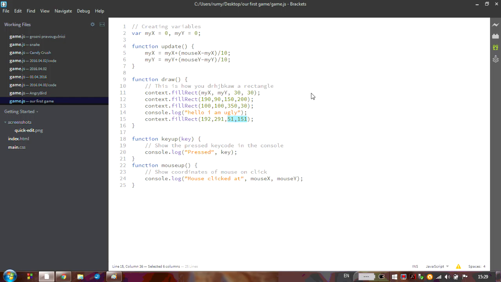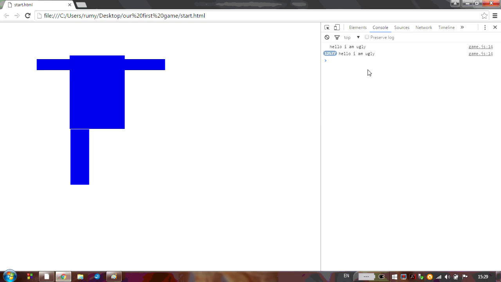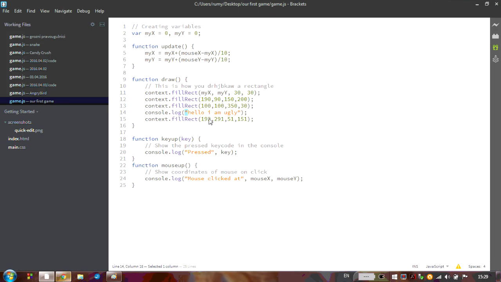I gave you 2 new commands that you can write. Those were console.log and something in the quotation marks that is going to be written here in the console, showing with F12.